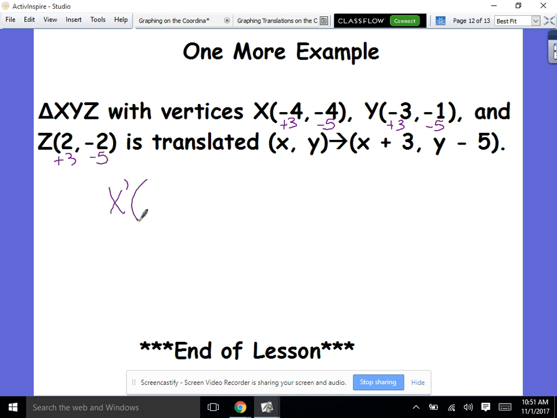X prime: negative 4 plus 3 is negative 1, and negative 4 minus 5 is negative 9. Y prime: negative 3 plus 3 is 0, and negative 1 minus 5 is negative 6. And Z prime: 2 plus 3 is 5, and negative 2 minus 5 is negative 7.